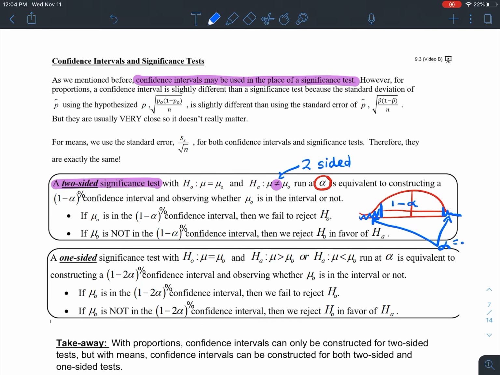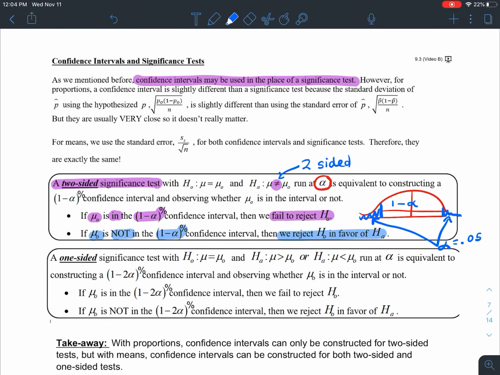So if we were talking about a 5% significance level, then we would be anticipating that our null hypothesis value would be located somewhere in the confidence interval. If it is, then we are not rejecting the null hypothesis. However, if it is not in that middle interval, then that is when we would reject the null hypothesis in favor of the alternative.